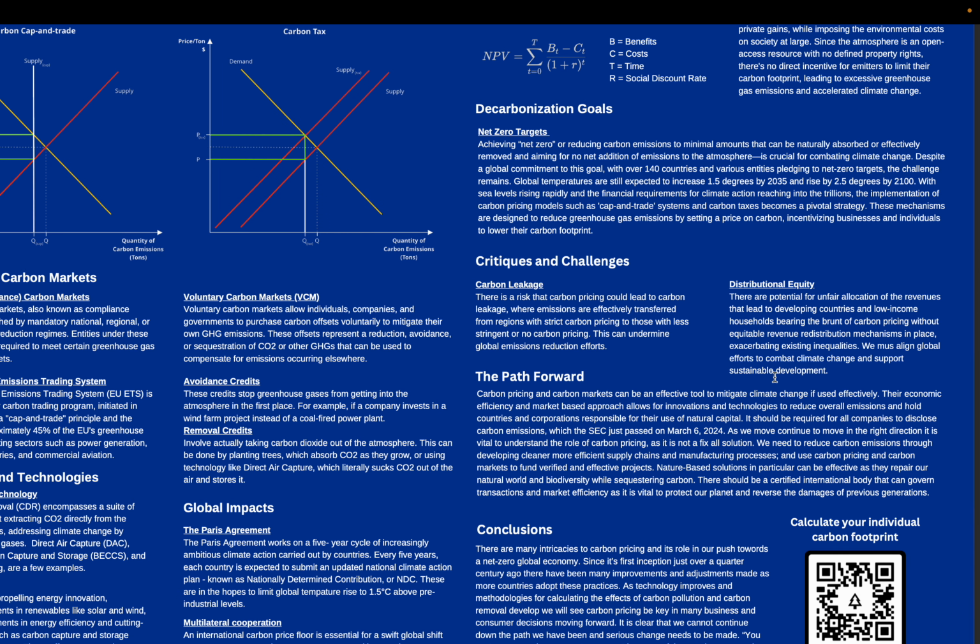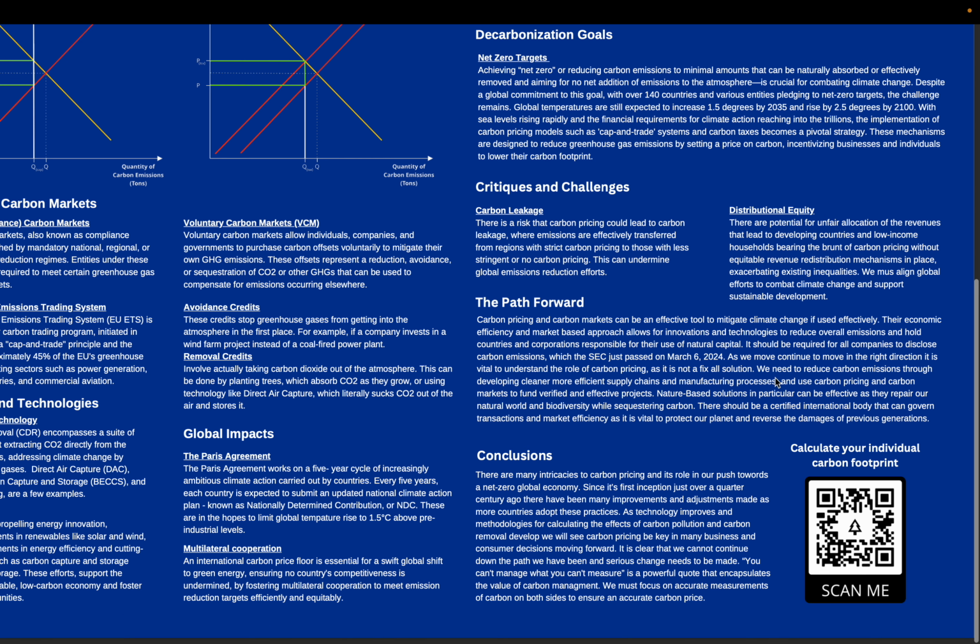I give a couple of highlights to some valid critiques of the markets. Carbon leakage is one, and distributional equity of revenues is another, which are quite important to be conscious of with the social impacts of carbon and these projects that are going to be created. Then I give my idea for the path forward.